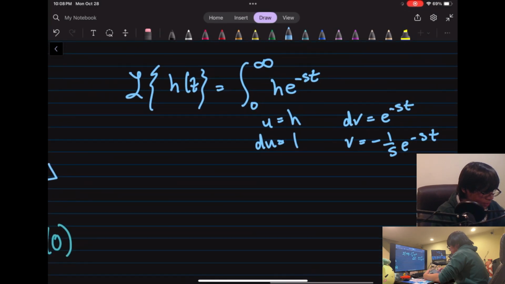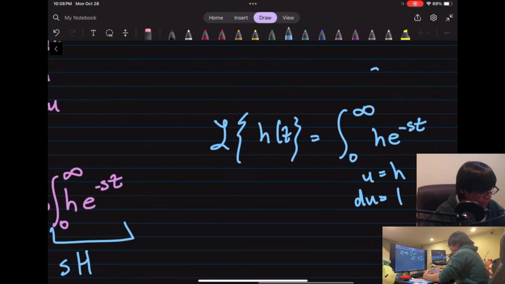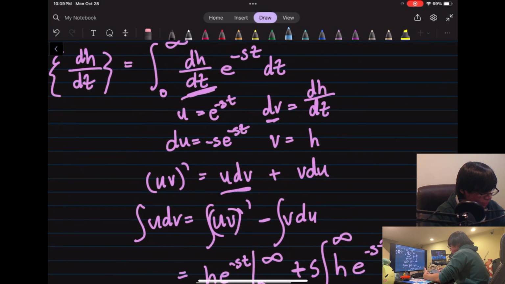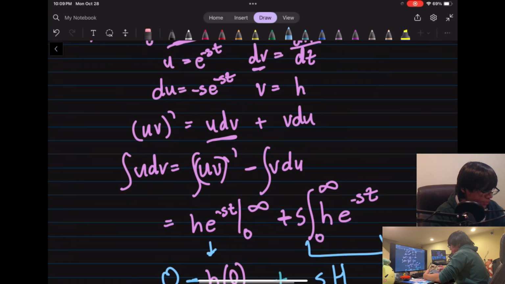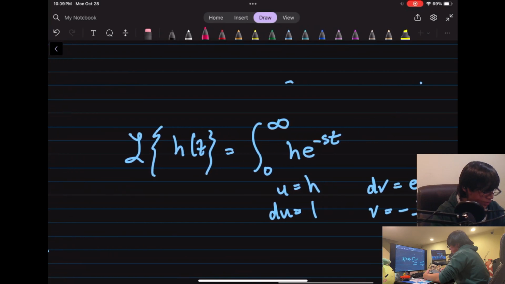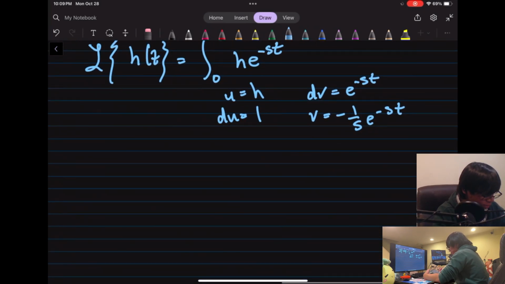And so we have that whole business of the product rule. Well, that's what integration by parts essentially is. So we want uv prime and v du. So doing so, uv prime is negative h over s e to the negative st, evaluated 0 to infinity.